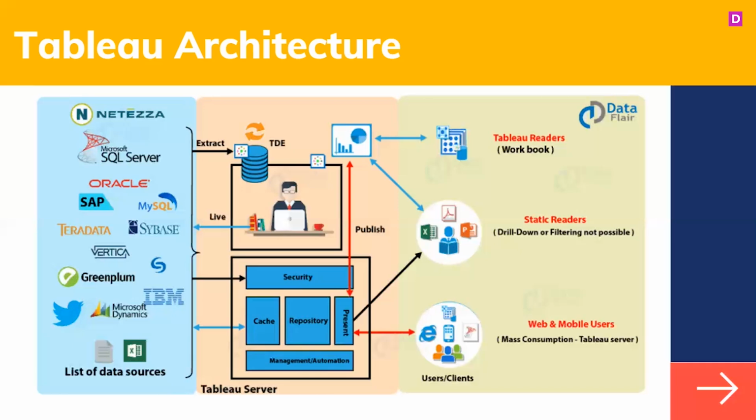Desktop is the version which acts like an authoring tool, because any kind of visualizations or dashboards you want to make out of the data, this is where it is going to happen.